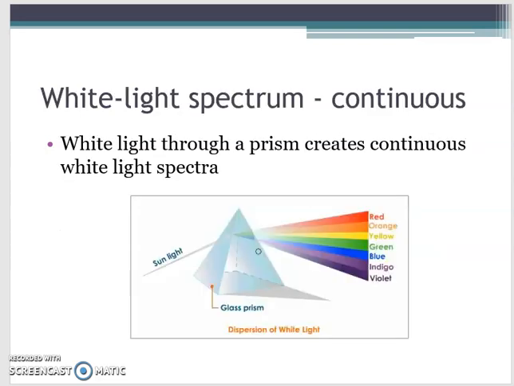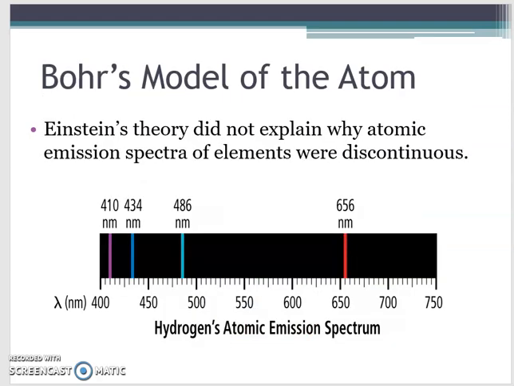Whenever we look at light and the spectrum, what we would look at as we pass something through a prism, white light is a continuous spectrum from red to violet, and we see a continuous spectrum. Einstein's theory, looking at the photoelectric effect, doesn't really explain why we see, whenever we apply light energy to certain atoms, that they only emit certain wavelengths of energy.